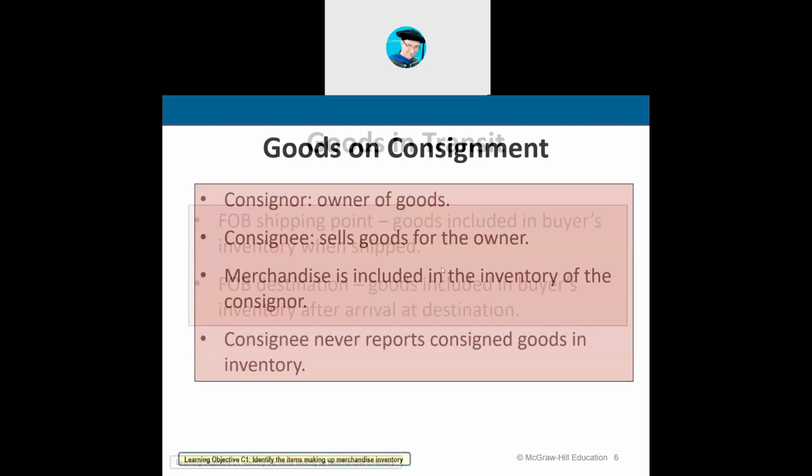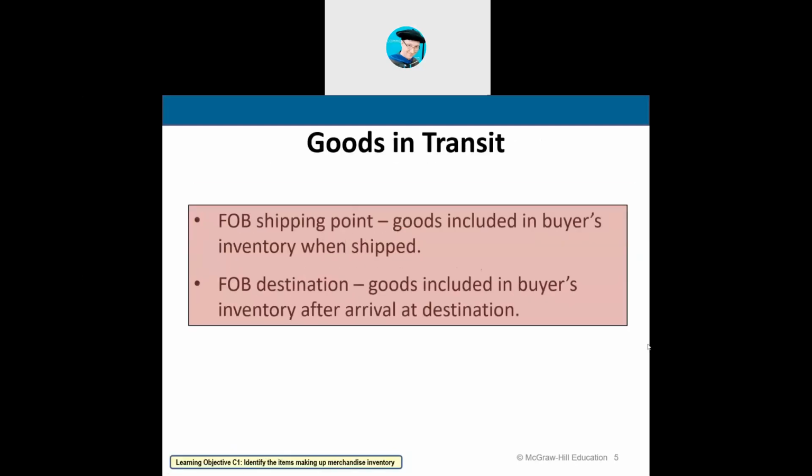Dr. B? Yeah, go ahead, Nassim, please. The previous chapter has 2 points saying that on the FOB shipping point, the buyer accepts ownership and the buyer pays the shipping. Correct. On FOB destination, the seller pays the shipping and also takes the risks of the loss in transit, correct?